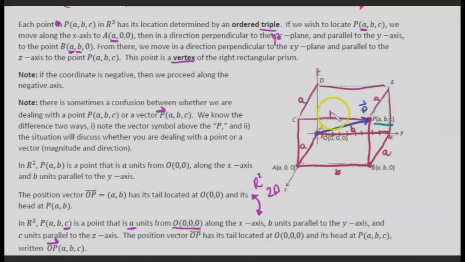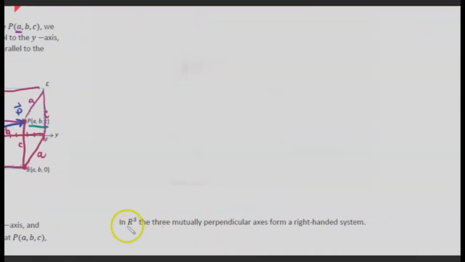Okay, B across, so these ones are also B units. And then C would be up. So C would be here, here, here, and here. Okay, so in R cubed, the three mutually perpendicular axes form a right-handed system.